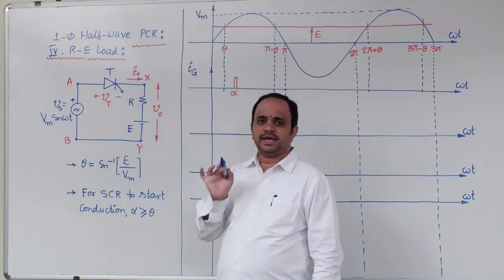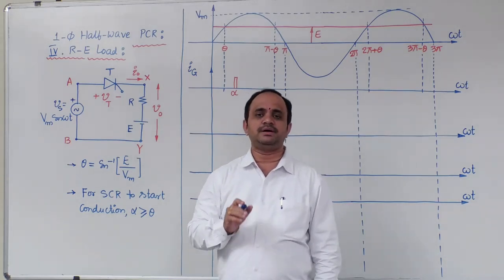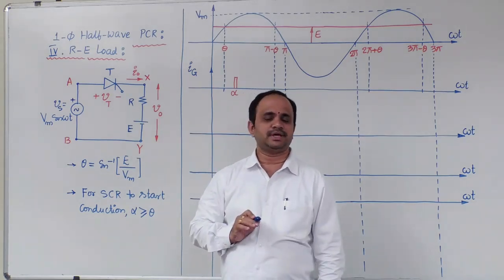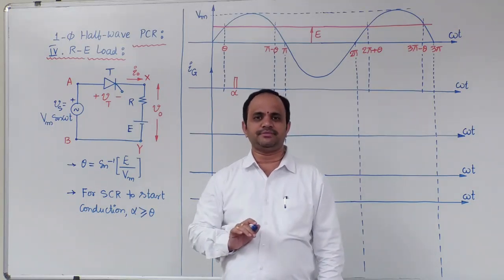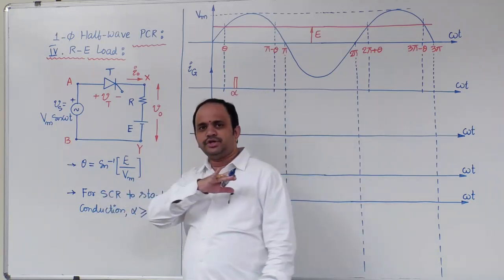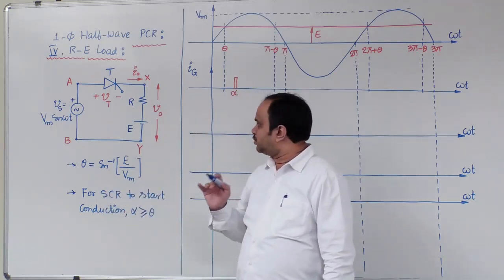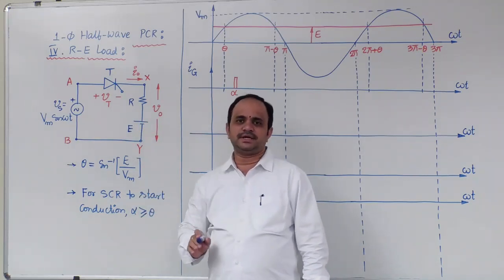As per SCR theory, it is not required to supply constant gate current to it. However, if it is specifically mentioned in the numerical question, it means that gate current is continuously available, so whenever the device is forward biased, immediately it will start conduction.